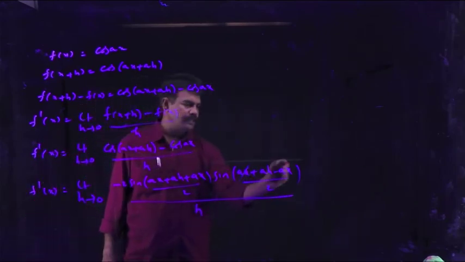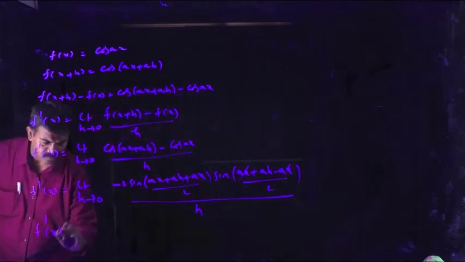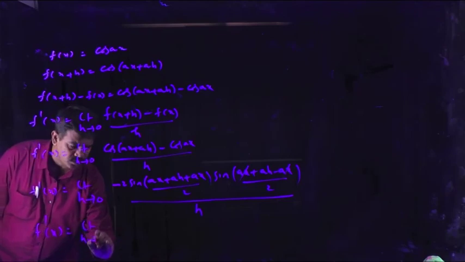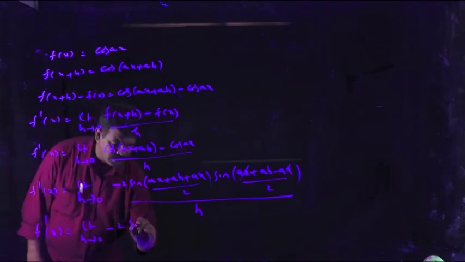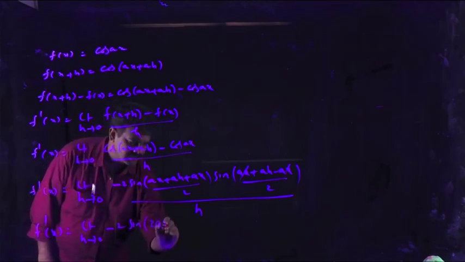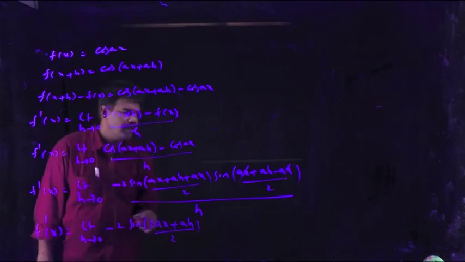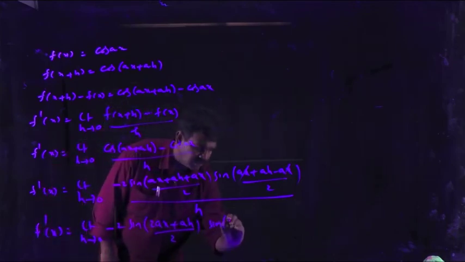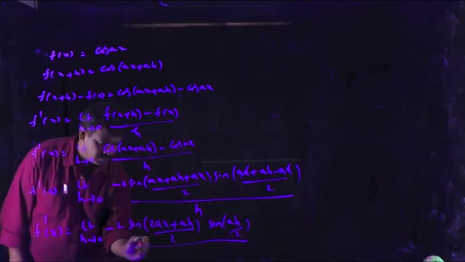Here ax cancels. So f'(x) is the limit as h tends to 0 of minus 2 into sin((2ax + ah)/2) into sin(ah/2), by h.